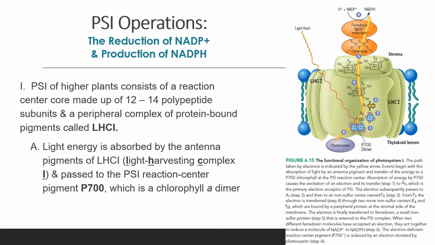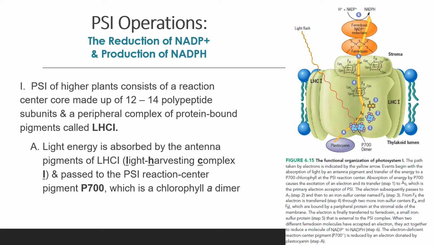So next, let's go now to the photosystem 1 operations. It comprises the process of the reduction of NADP and the production of NADPH. Okay, so photosystem 1 of higher plants consists of a reaction center core made up of 12 to 14 polypeptide subunits and a peripheral complex of protein-bound pigments called LHCI, or light harvesting complex 1.